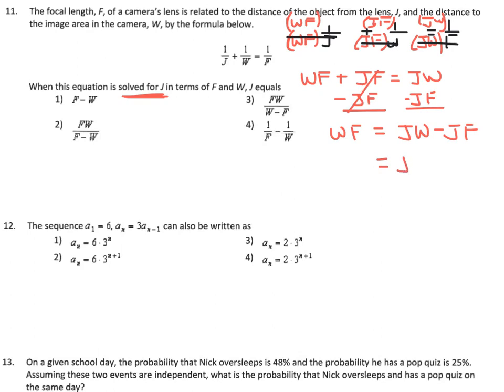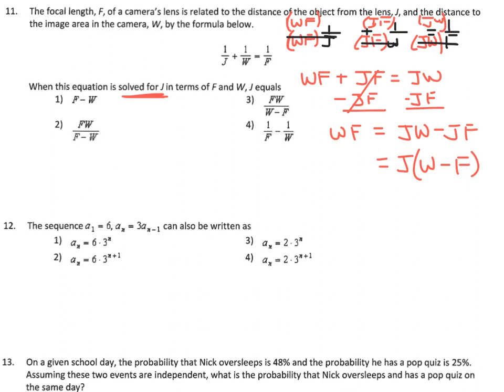I'm going to factor out a j, and when I do, in parentheses, I'm going to be left with w minus f. Okay, so again, what I did on the right-hand side was I wanted to take the j out of both these two terms, so I factored it out. When I factor a j out of this term, it leaves me with a w, and then I bring down my minus sign. When I factor a j out of this term, it leaves me with an f.